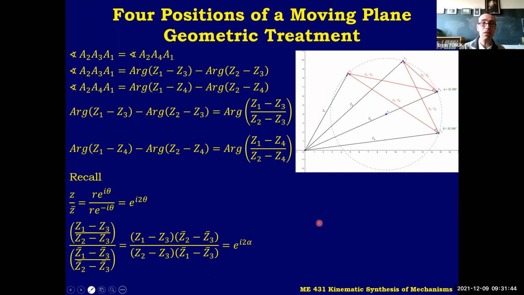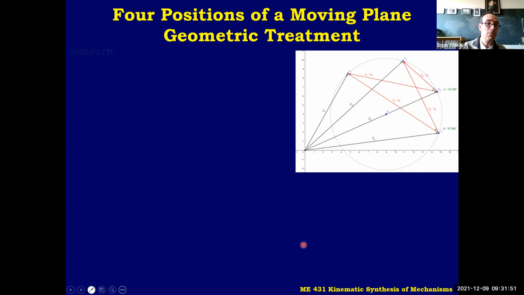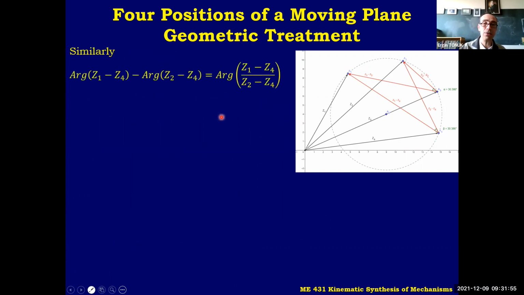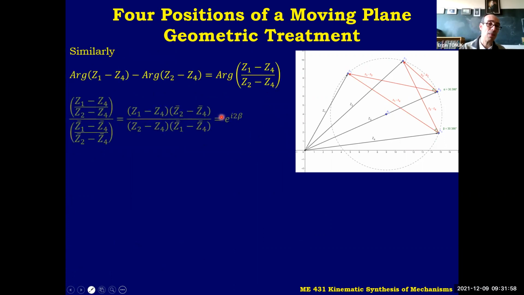So it should be the same angle. So similarly, if I apply the same thing for the second angle, this becomes, let's say, beta. So one of those angles is alpha, the other one is beta, but we want them to be the same. That is, alpha should be equal to beta.